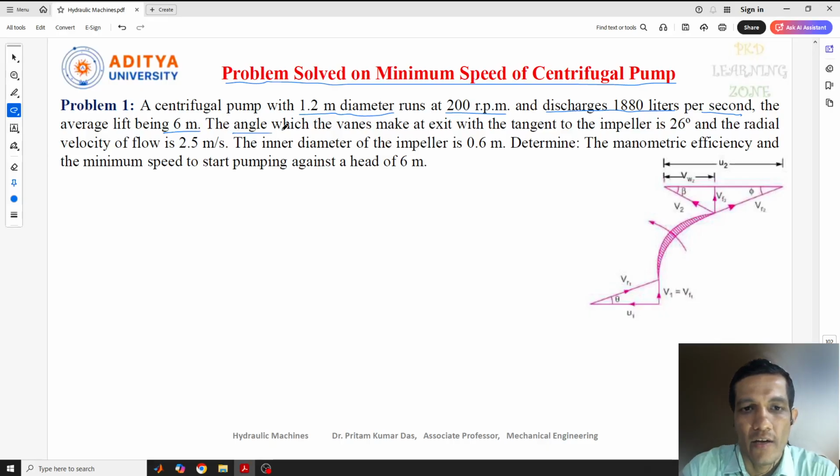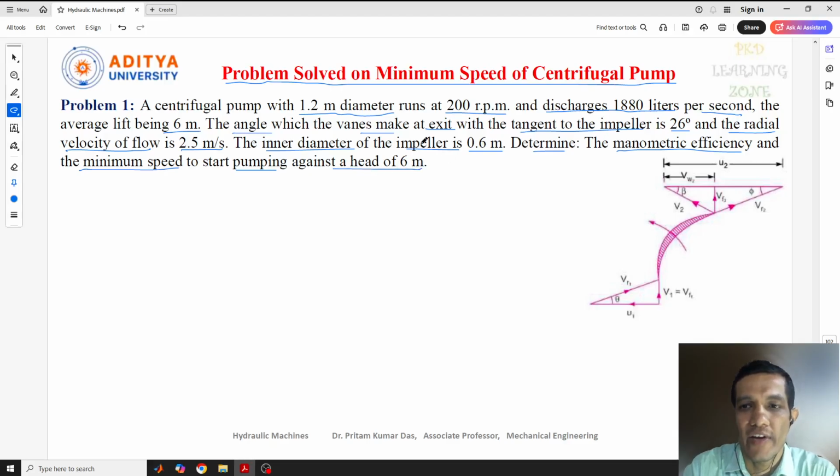The angle which the vane makes at the exit with the tangent of the impeller is 26 degree and the radial velocity of the flow is 2.5 meter per second. The inner diameter of the impeller is given 0.6 meter. Determine the manometric efficiency and the minimum speed to start pumping against a head of 6 meter.